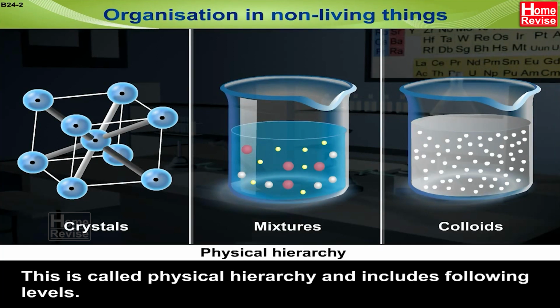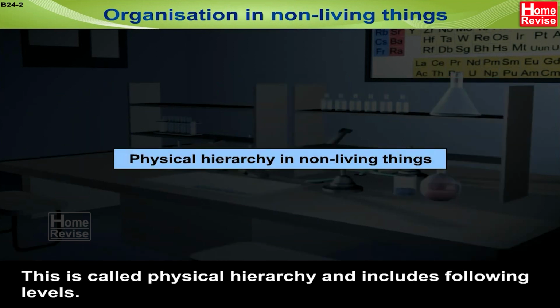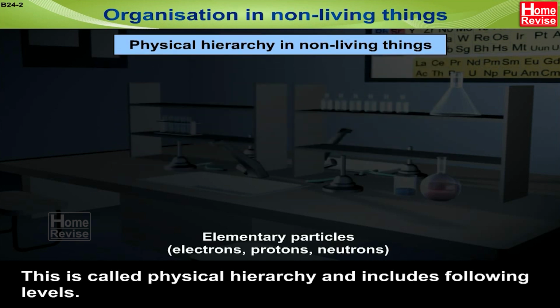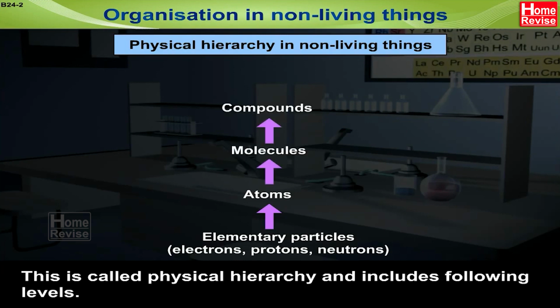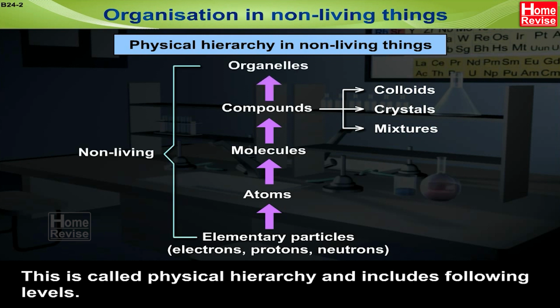This is called physical hierarchy and involves following levels, as seen in the figure. The figure shows physical hierarchy in non-living things. The elementary particles like electrons, protons, and neutrons form atoms, which form molecules, and molecules form compounds, which could be colloidal, crystals, or mixture, and compounds form organelles.